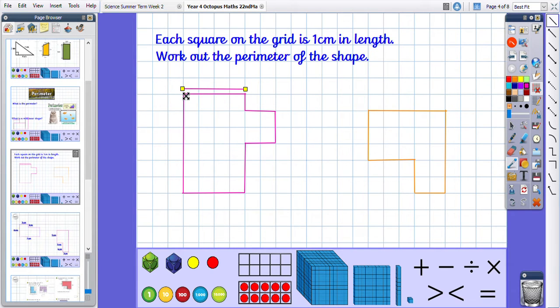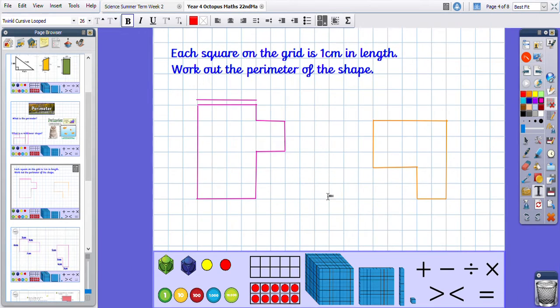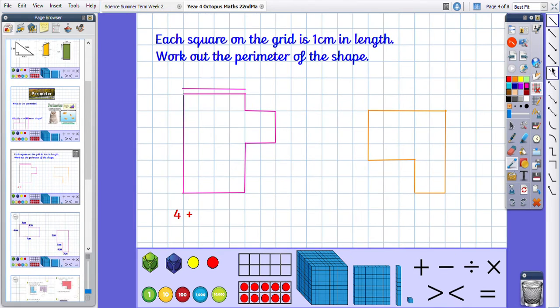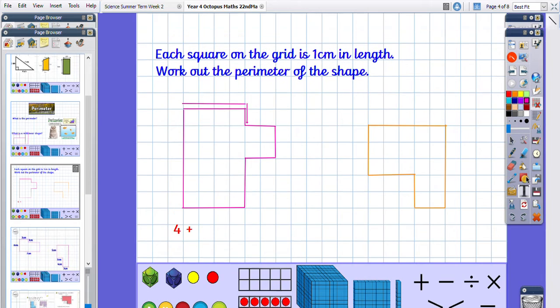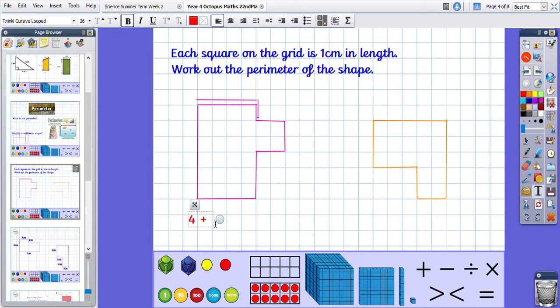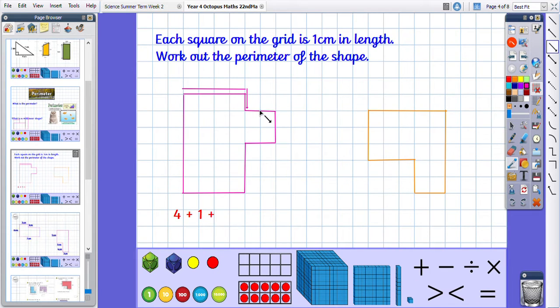So I'm going to start here and travel along. 1, 2, 3, 4. Okay, and then I'm going to continue along my shape and I need to go down next. I've gone down only 1 this time, so I need to make sure I include that because every side needs to be included.